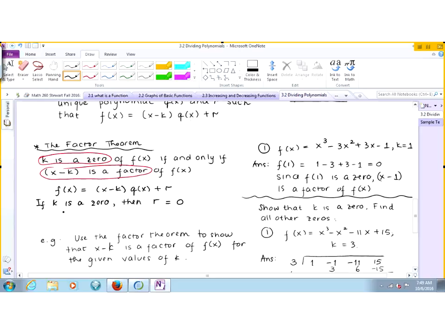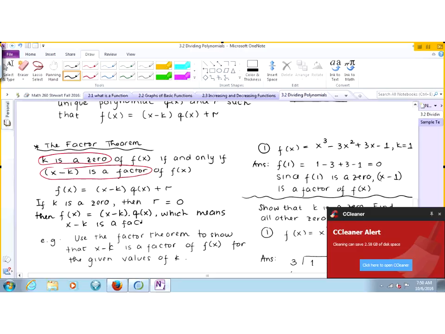Okay. So if the remainder is 0, then f of x is equal to x minus k times q of x plus 0. So if I can write f of x in terms of x minus k times q of x, then it means x minus k is a factor of f of x.